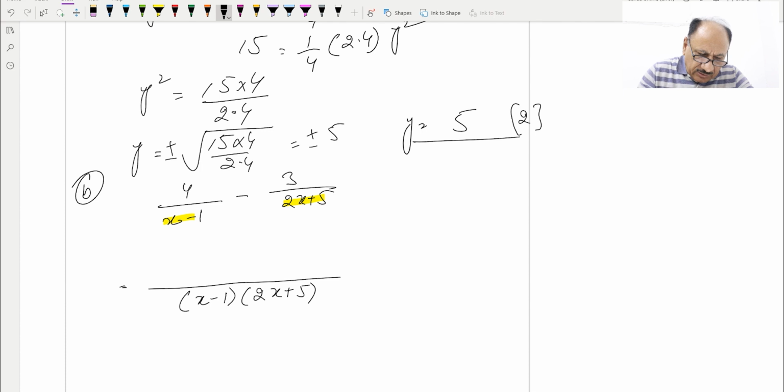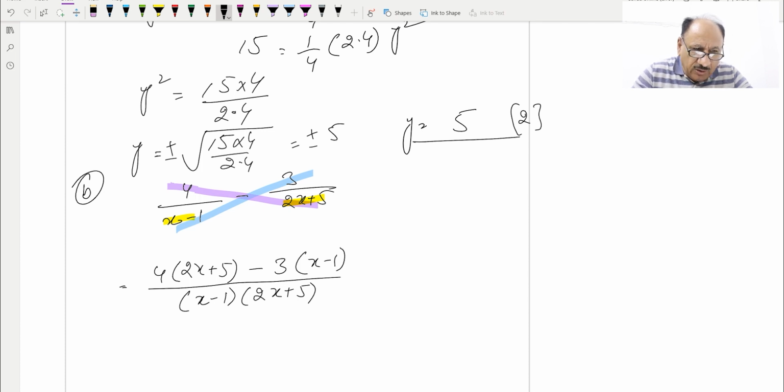Then we take 4 into 2x plus 5, and then the 3 with the minus sign in between, so 3 into x minus 1, and then we just open the bracket.